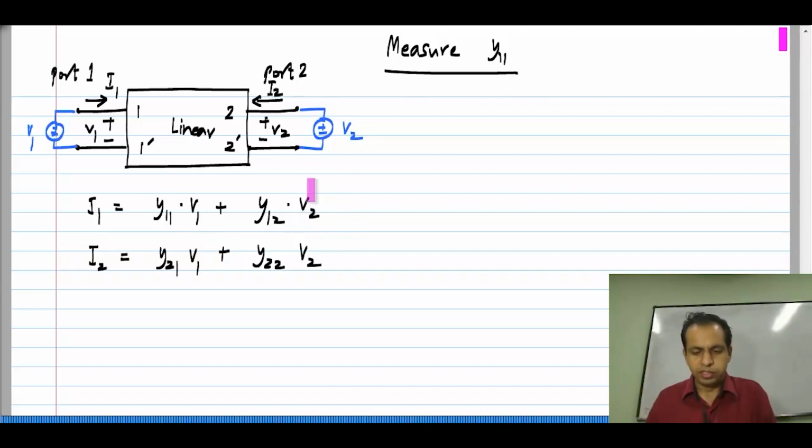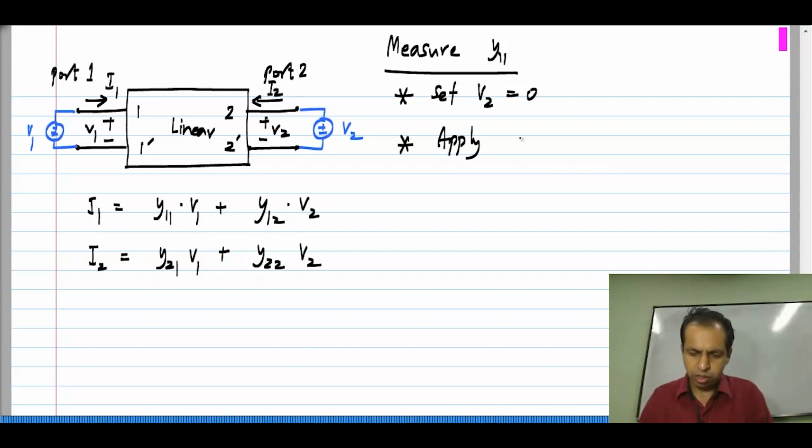The easiest way is to set V2 to 0, so that the second term disappears completely, and we have I1 equals Y11 times V1, and from that we can measure Y11. Set V2 to 0, apply V1 and measure I1.